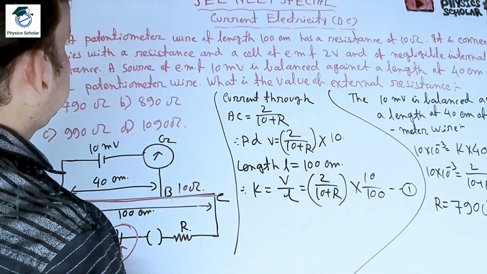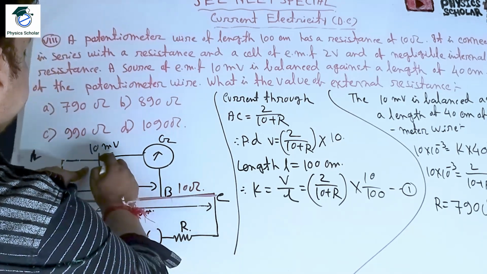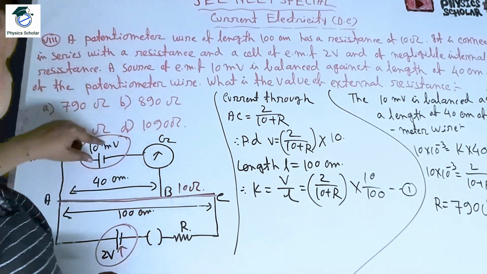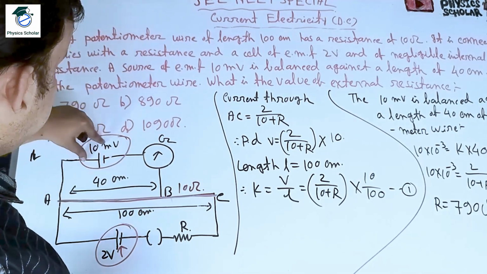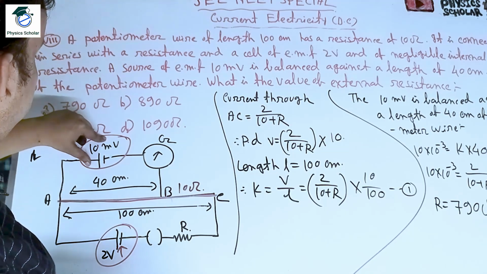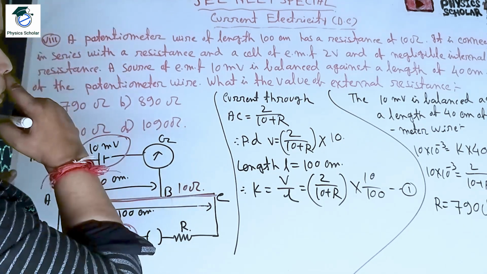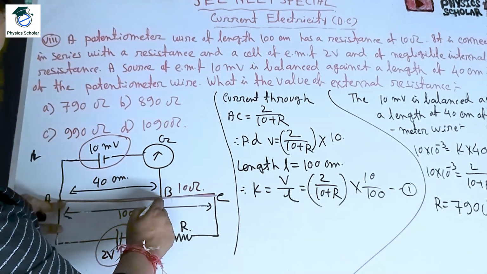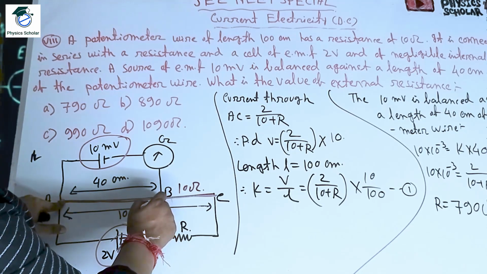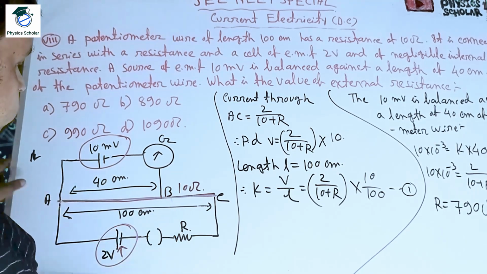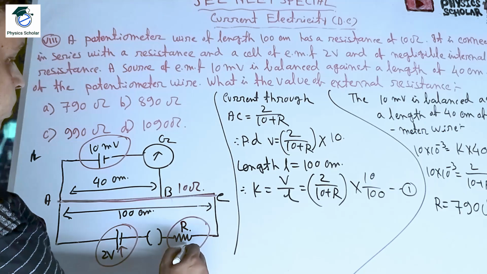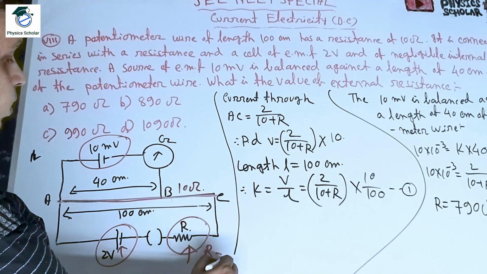A source of EMF 10 millivolt is balanced. So to balance that, a battery of EMF 10 millivolt is there. And the balancing length of the potentiometer wire is 40 centimeter. We have to find out the value of this resistance, capital R.